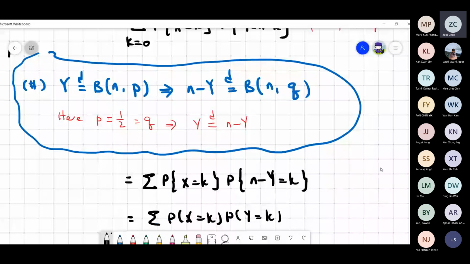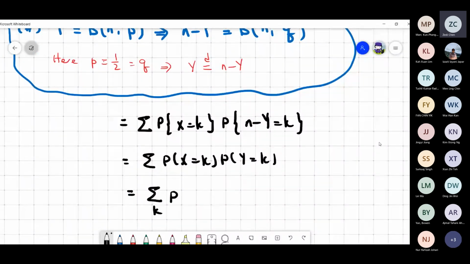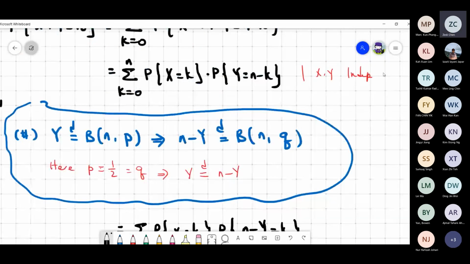And again, because X, Y are independent, we can have the summation over K of P of X equals K and Y equals K. And this is just equal to the probability whereby X is equal to Y. Okay, so we have proved this.